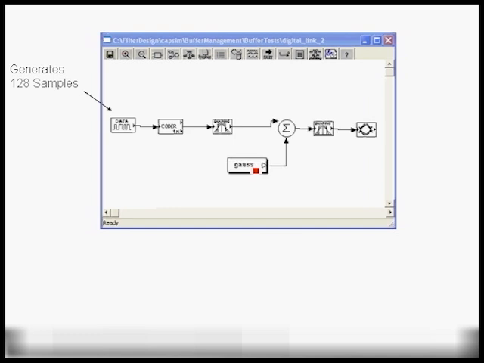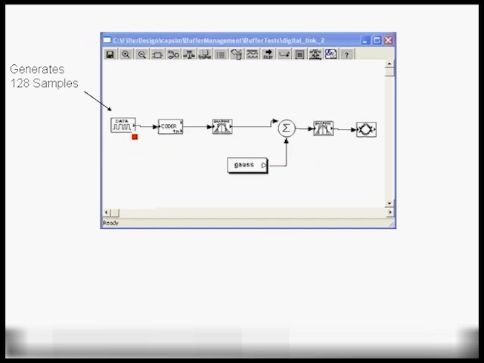So we need to know during multi-rate signal processing that the Gaussian block has to generate 8 times 128 samples in order to accommodate the 128 bits over here. So that's all nice and fine, and the simulation will proceed, and everything's okay.